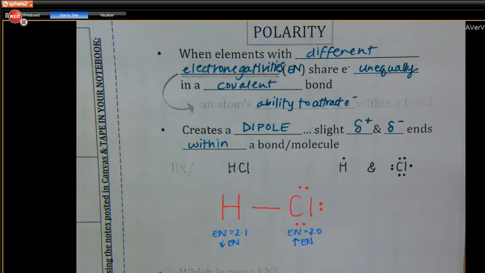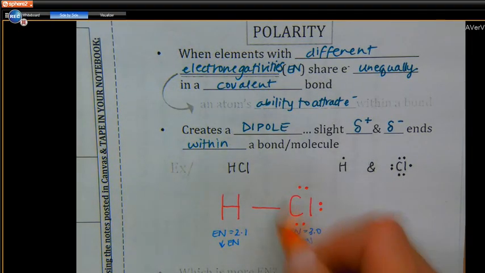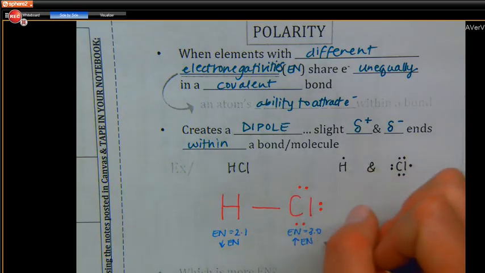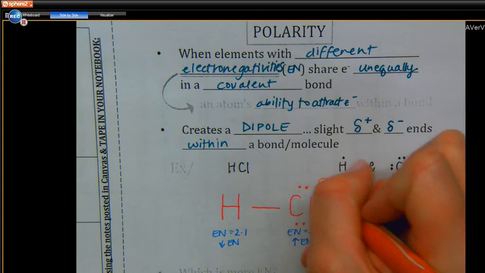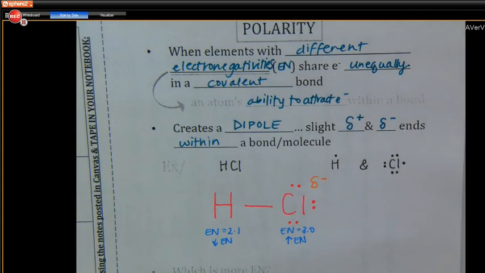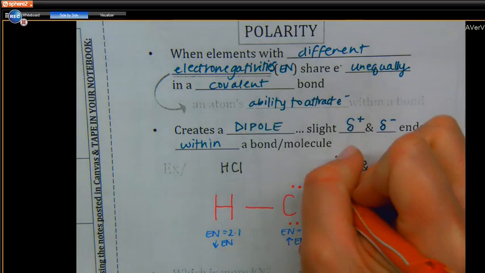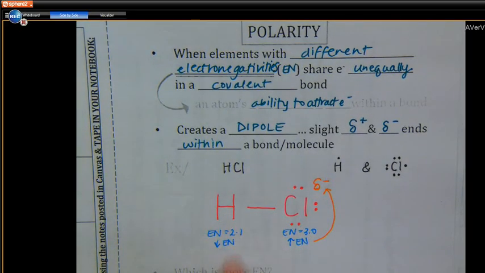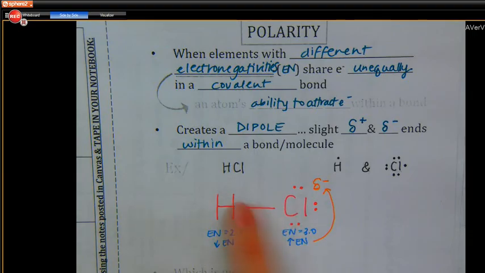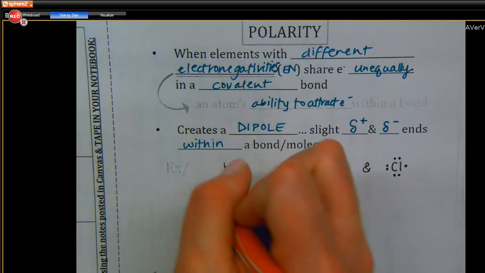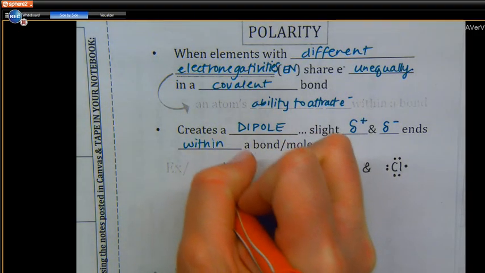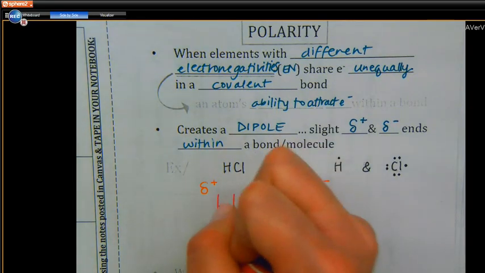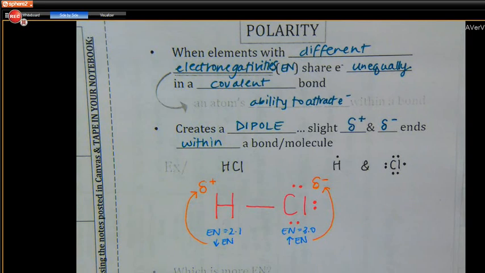That is because the more electronegative atom is, of course, chlorine, because it is better at attracting the electrons, and since electrons are negative, it gets a slight negative dipole because it attracts the electrons more and the electrons are negative.